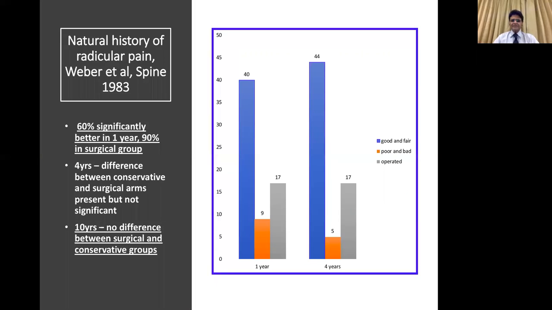But at 10 years, truthfully, there is no difference between conservative and surgical management of lumbar disc herniations. So as we get away from the time of surgery, or away from the initial episode of non-surgical care of lumbar disc herniations, the results remain very similar.